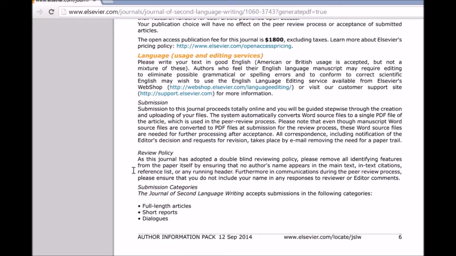I just read a paper a couple of days ago where the author took her name off the paper but left the title of the article and the journal in the reference list. So all I had to do was Google it, and I found out the name of the authors. I've never seen that happen before, but it's happened a couple of times.